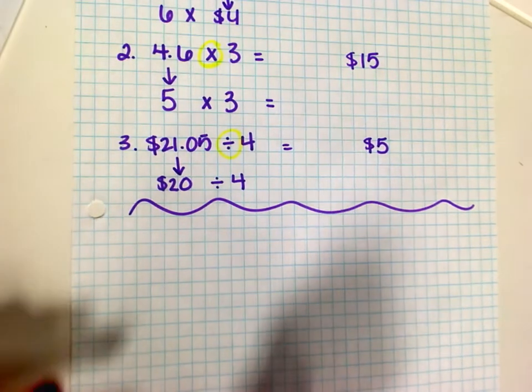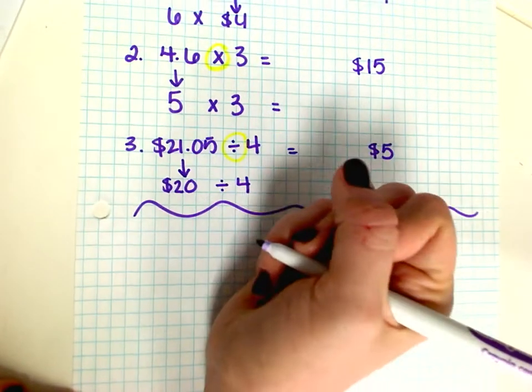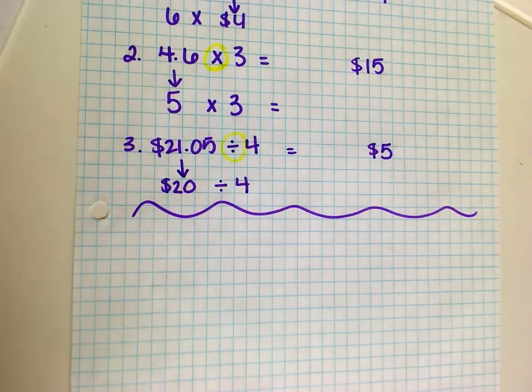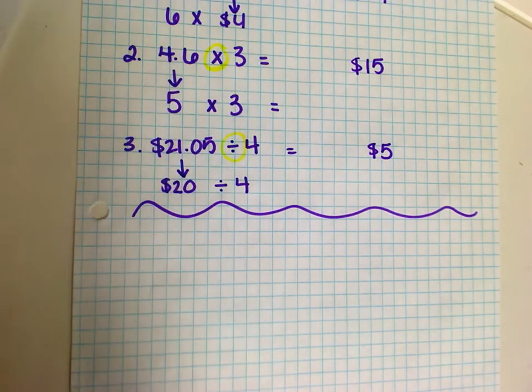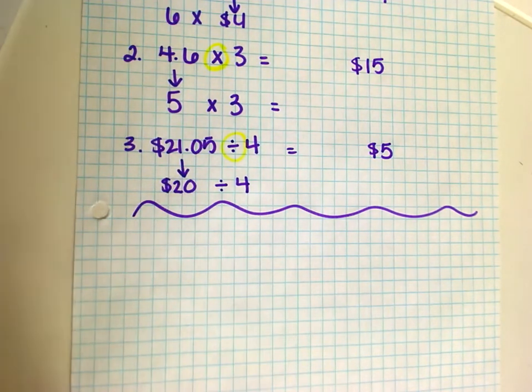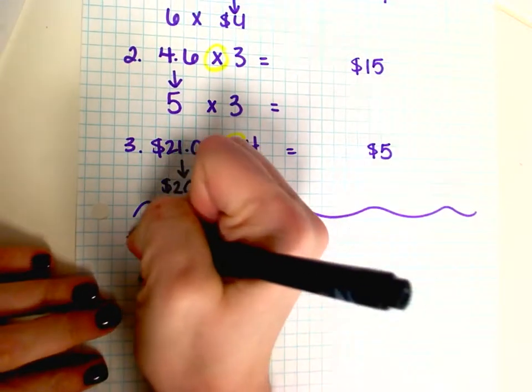Okay. Number 4, we are done with estimating at this time. We are just going to find the value of each expression. So this is multiplication and division. So we have to remember the rules for each operation. We have 7 times 8/10.